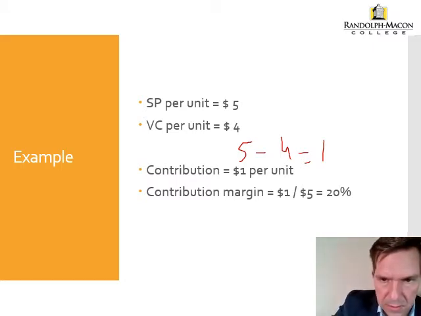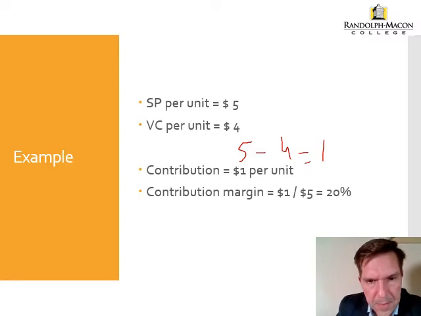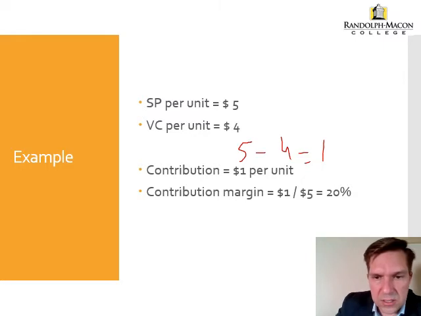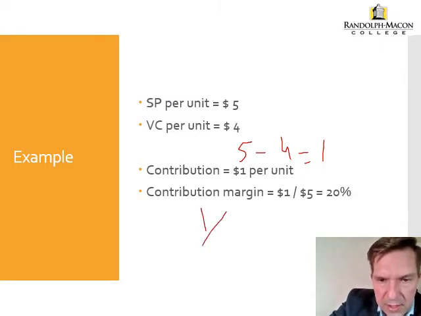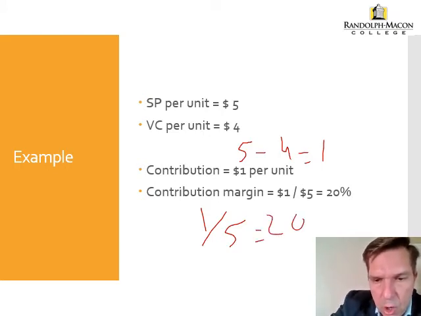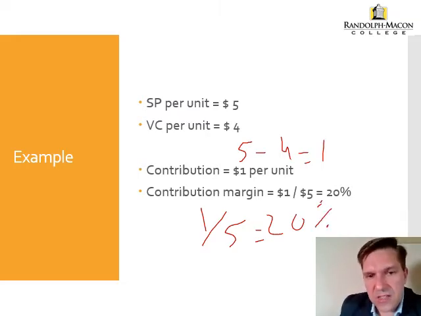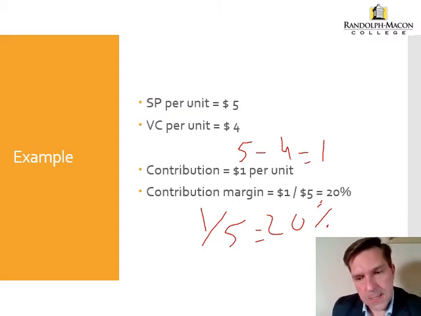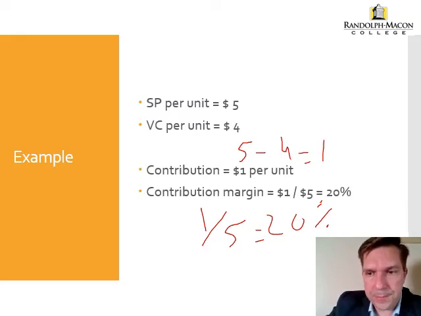And my contribution margin, as a percentage, is going to be that $1 divided over the $5 for the selling price, so roughly 20%. Of every dollar that I get from selling that product, 20 cents is going to go towards making sure that I'm profitable by covering my fixed costs. We'll see that in the break-even analysis that we're going to do in a minute. Okay, good.